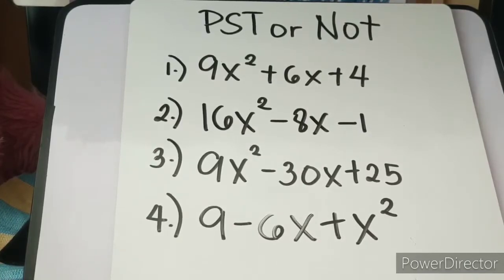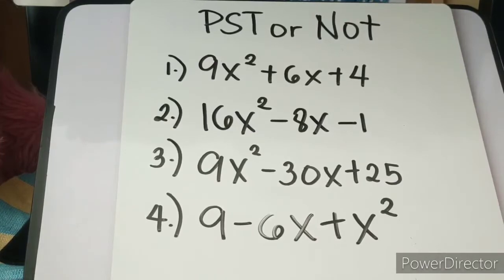So, ibig sabihin, dapat yung square root ng first term natin, ita-times natin sa square root ng third term natin, and ita-times 2 natin. And that will give us our middle term. Middle term can be either positive or negative. Okay lang yon. It doesn't matter. Basta dapat, yung nauna kong sinabi kanina, perfect square si first term and si third term. And then ito, yung 2 times the square root of the first term and square root of the third term.